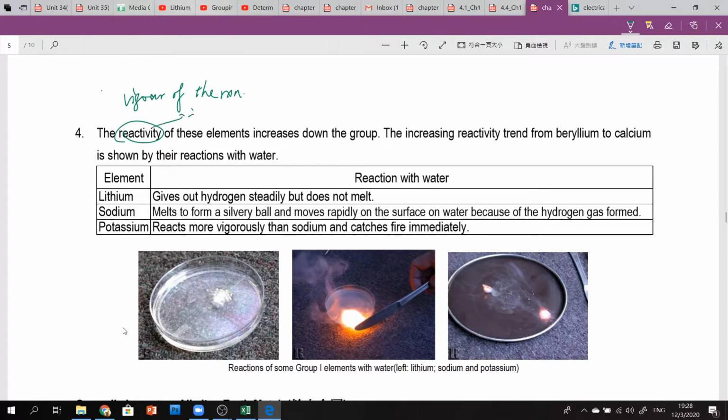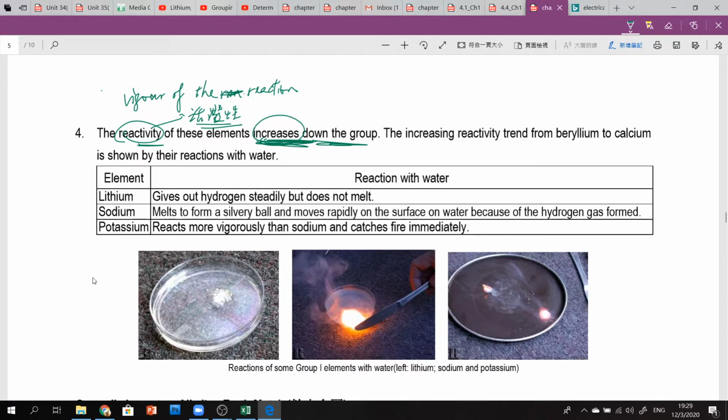So the reactivity of these metals will become more and more vigorous, and finally explosive, so explosive that it damages the glass trough. Why is it like that? The reactivity of metals increases down the group.